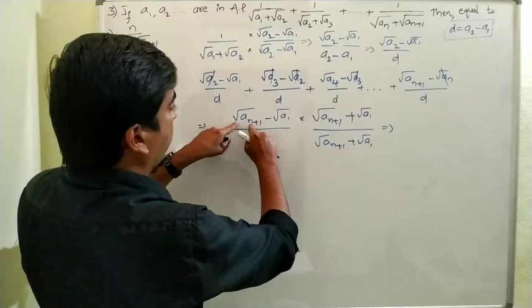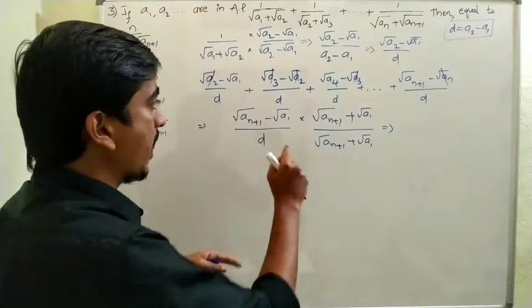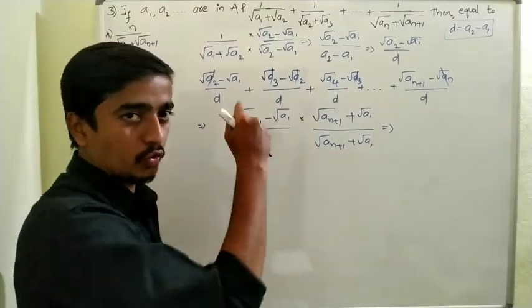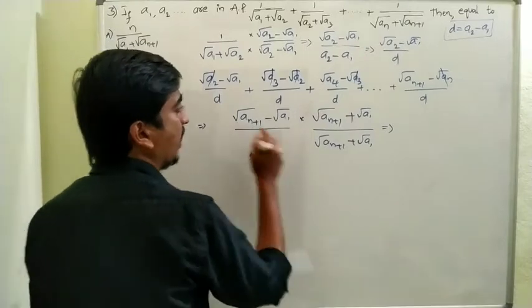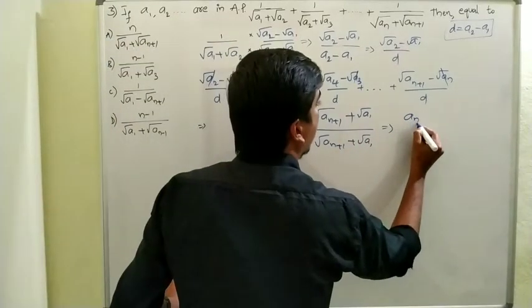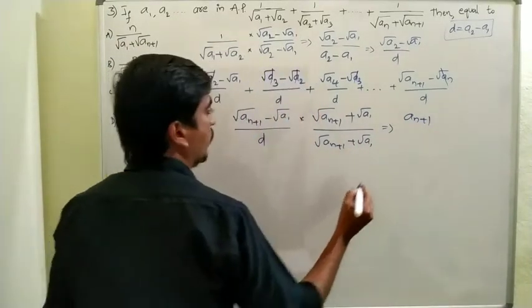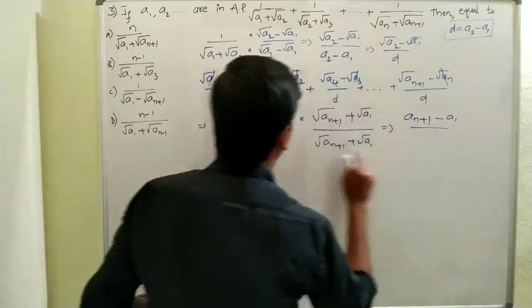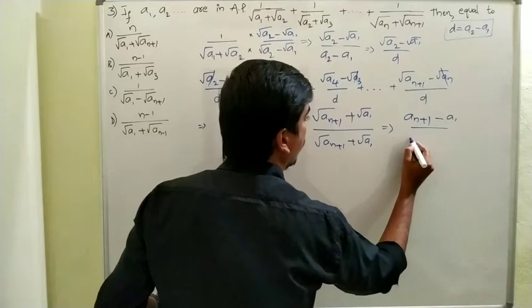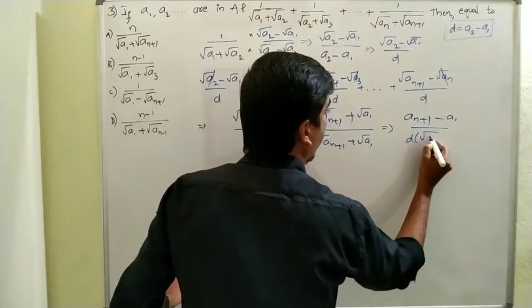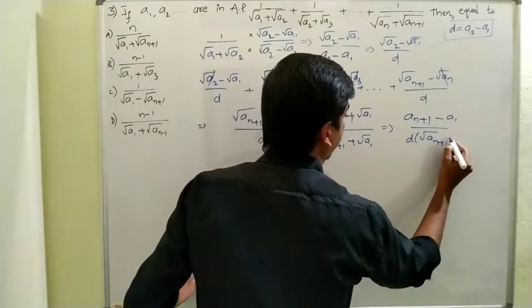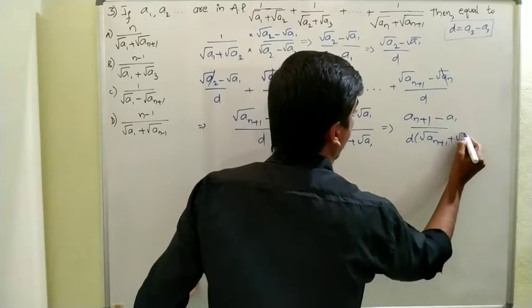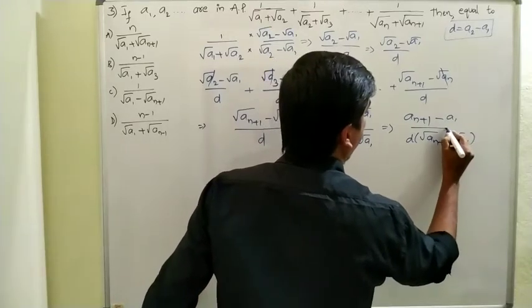So root a(n+1) whole square minus root a1 whole square, the square roots get cancelled. Finally we are left with a(n+1) minus a1 by the denominator terms, d times (root a(n+1) plus root a1).